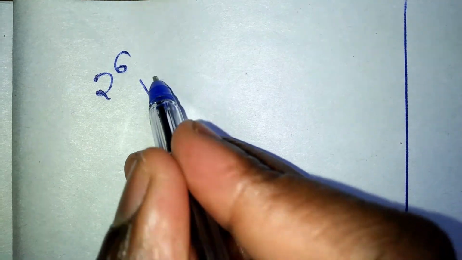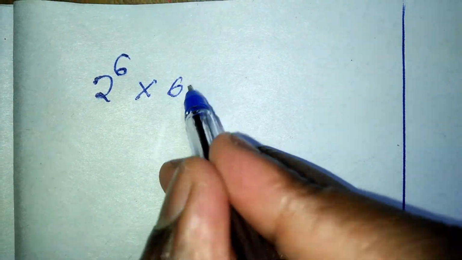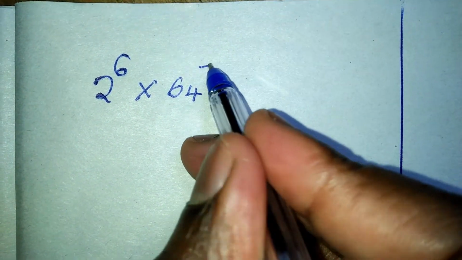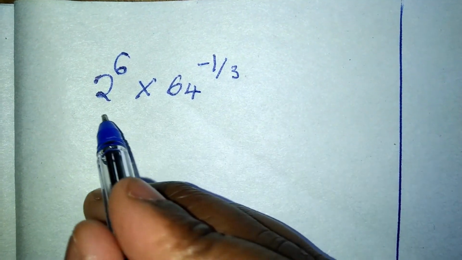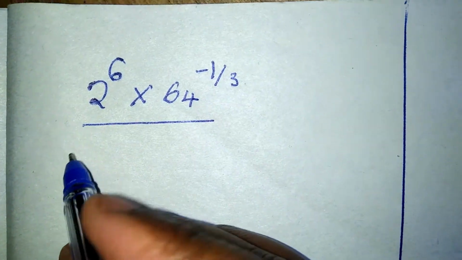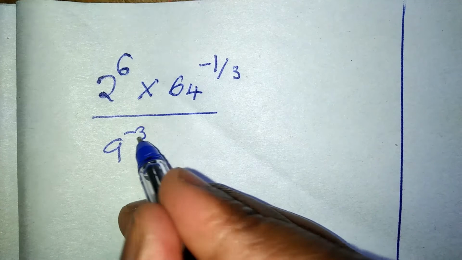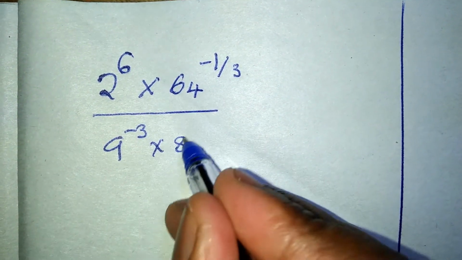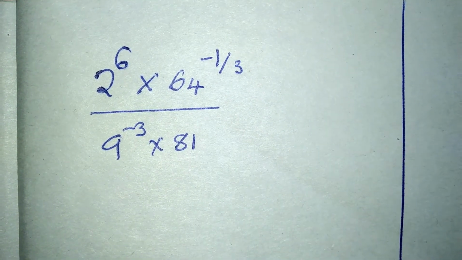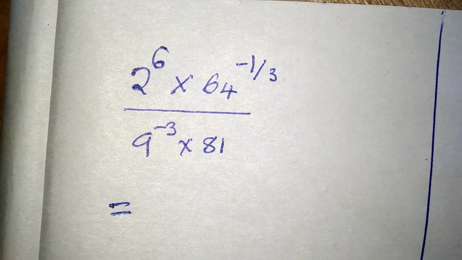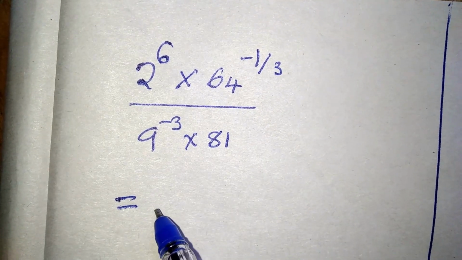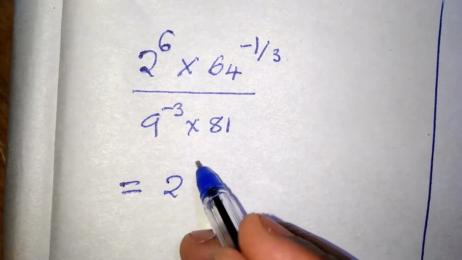Another example is 2 raised to power 6 multiplied by 64 raised to power negative 1 over 3, all this divided by 9 raised to negative 3 times 81. To solve this, we need to start by writing 2 raised to 6.